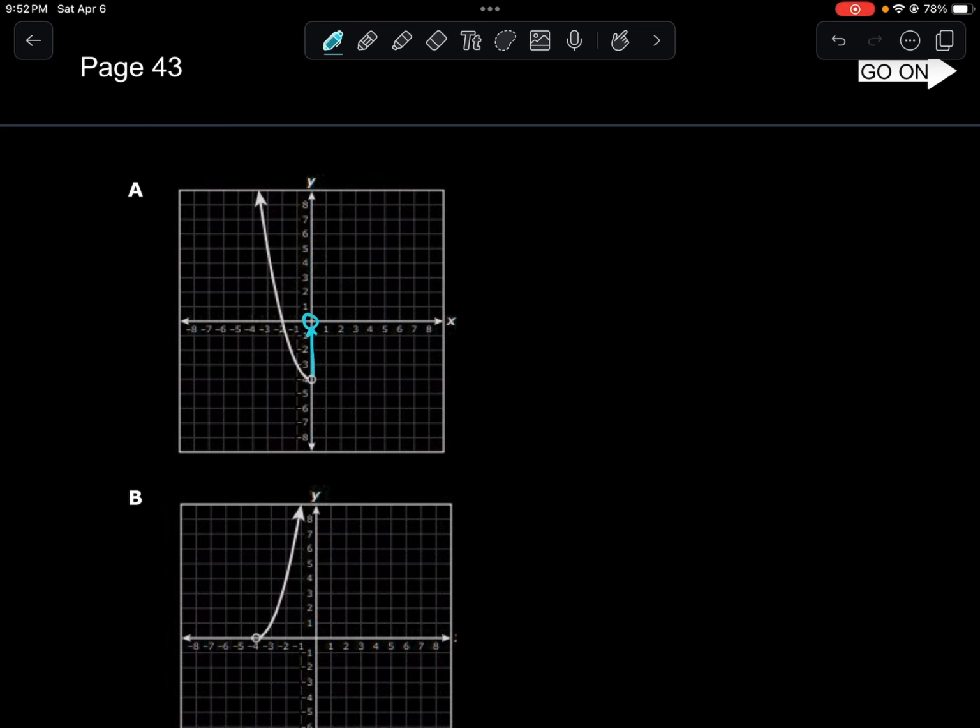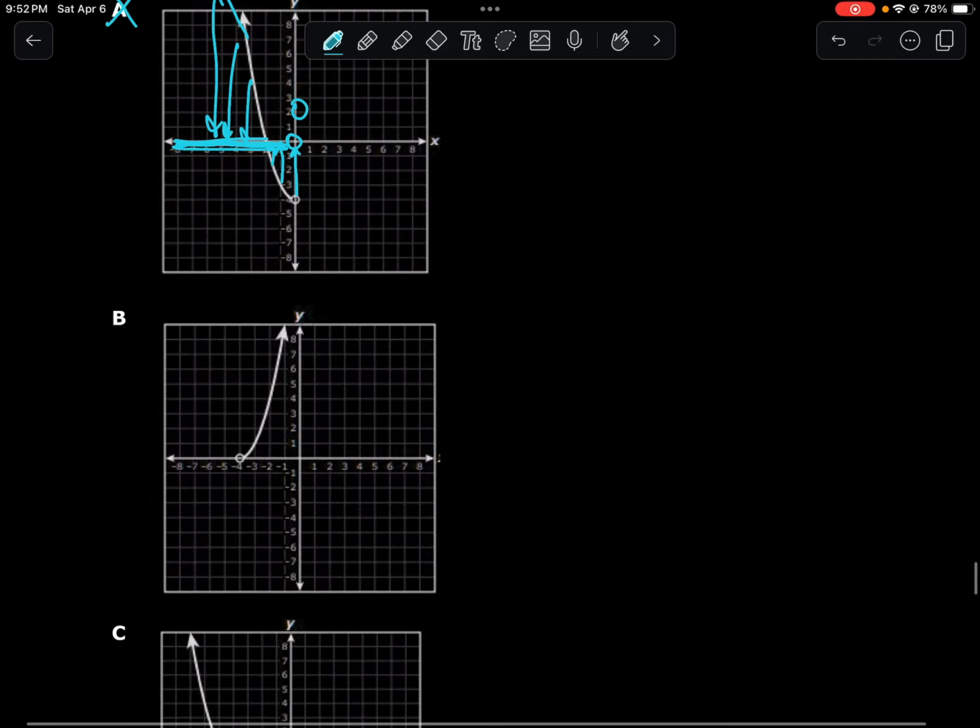So the origin is excluded. Now the rest of the points are included, and since it keeps going forever, I'm going to end up covering this part. That looks kind of like what I want, but it doesn't start at -4. It starts at 0, so that's not it.